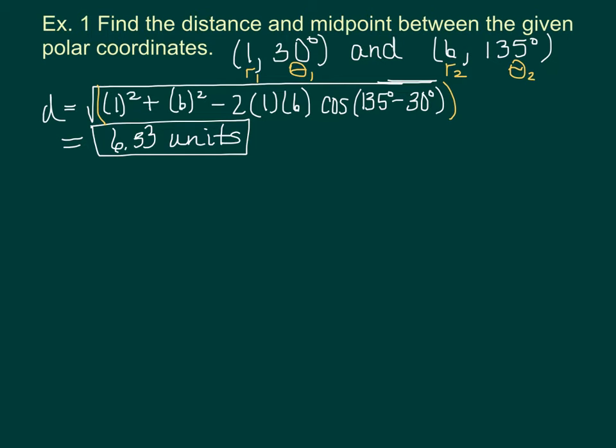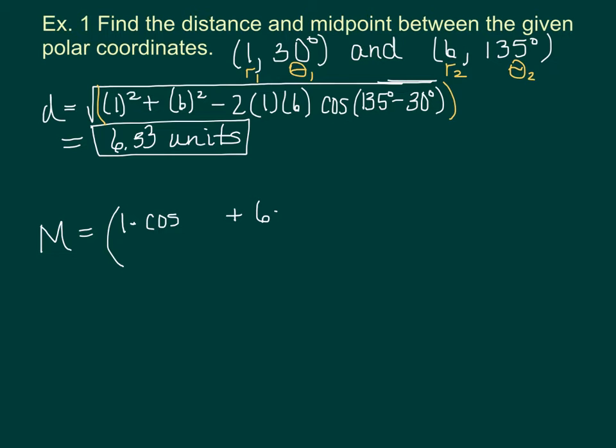So now we're going to move to midpoint, and we're going to use the same 2 points, and we're just going to plug those in. So the midpoint formula, you do r1 times cosine of 135 plus r2 times cosine, I used the wrong one.